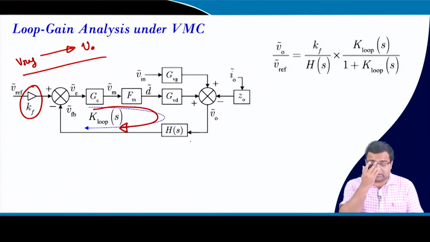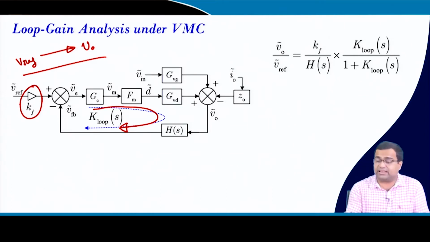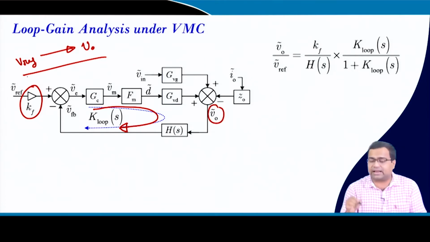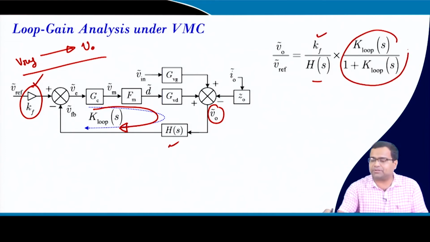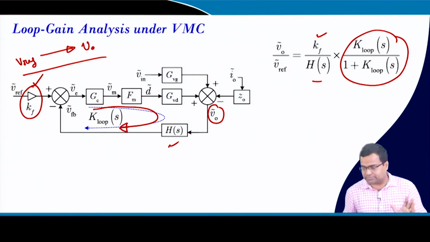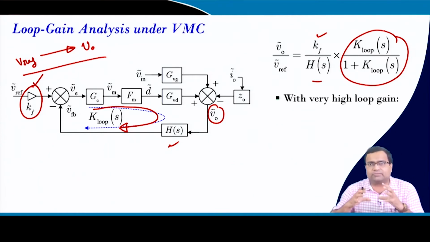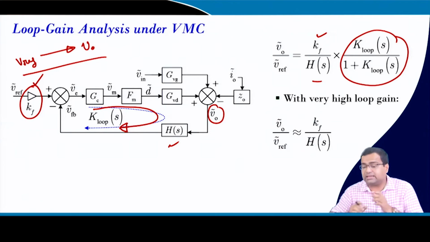So, what is our closed loop transfer function? Our V0 to Vref can be written as kf by h of s multiplied by loop transfer function by 1 plus loop transfer function. And if the loop transfer function is very high, then it can be approximated by simply kf by h of s.